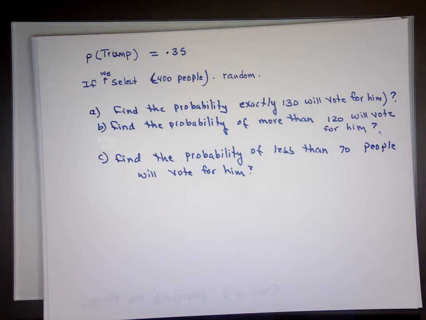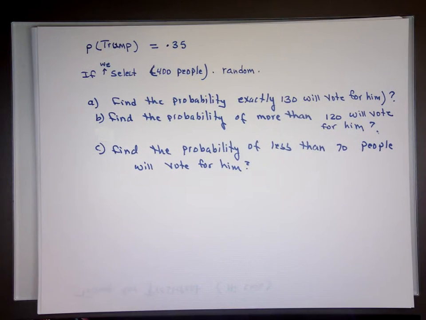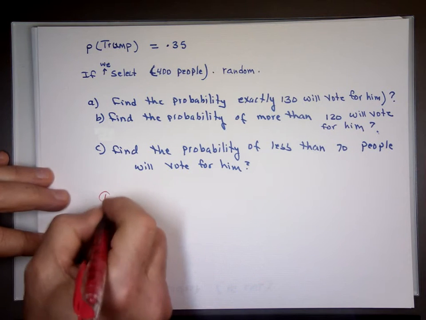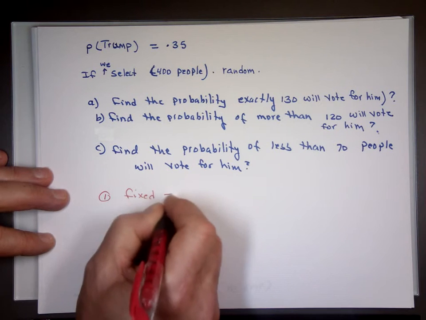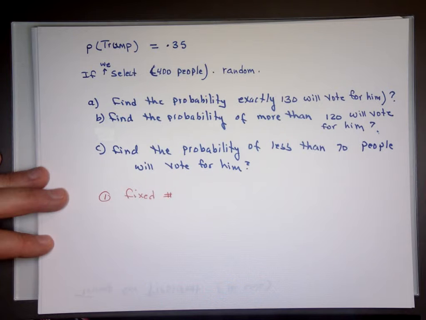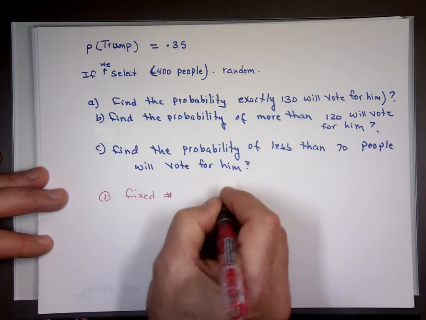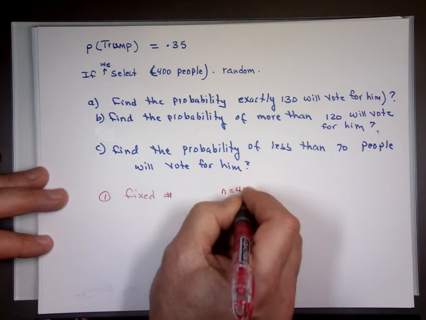Again, I'm going really toward normal approximation to binomial. It is a binomial sample here. Why? To be binomial, there are certain criteria you have to satisfy. One of them is a fixed number of trials, and we do have that: n equals 400, I selected 400 people.